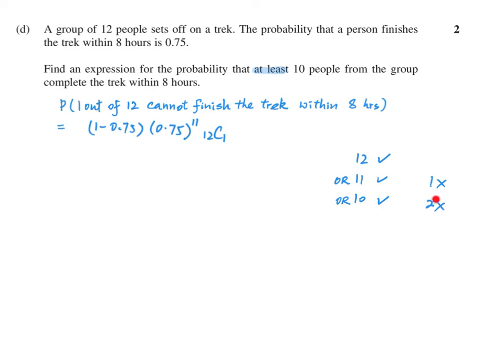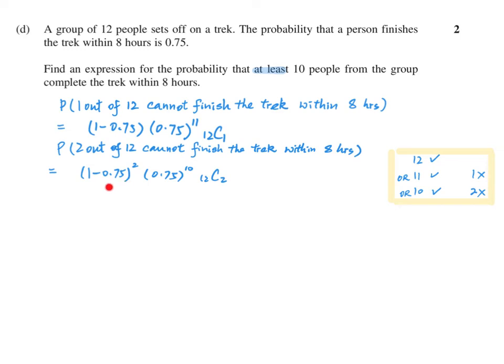And we need to find out how to calculate 2 out of 12 people in the group who cannot finish the trip within 8 hours. 1 minus 0.75 is for one person who cannot finish the trek within 8 hours. Because we want 2 out of 12, we square it, meaning 2 people cannot finish the trek within 8 hours.